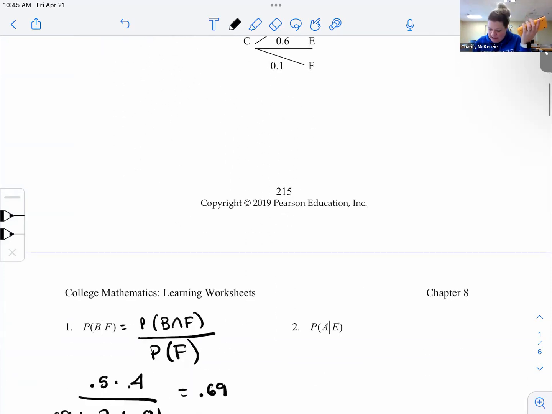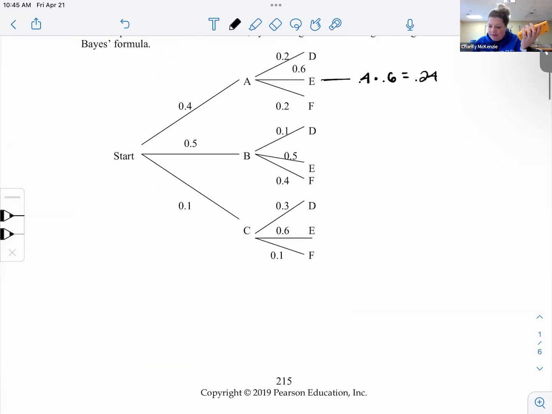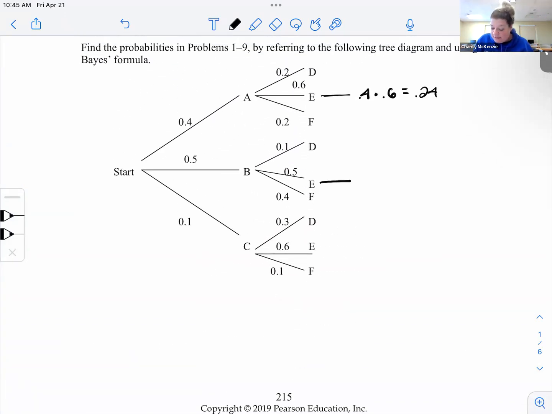Then we need the probability of all E's, because E was the second one. This one would be 0.5 times 0.5, which is 0.25. And then 0.1 times 0.6 for this one, and that's 0.06. So those are the 3 E's.